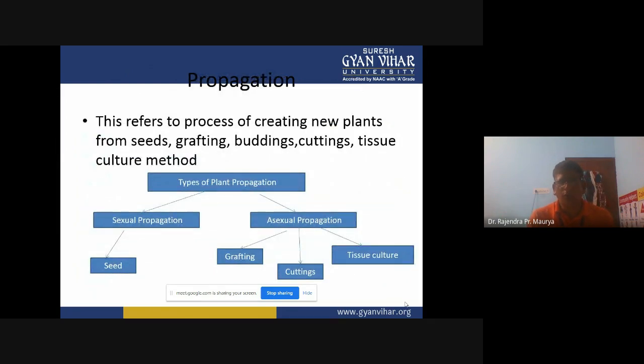So propagation refers to the process of creating new plants from seeds, grafting, budding, cuttings, and tissue culture methods. Types of plant propagation: this one we also discussed various times, sexual propagation and asexual propagation.